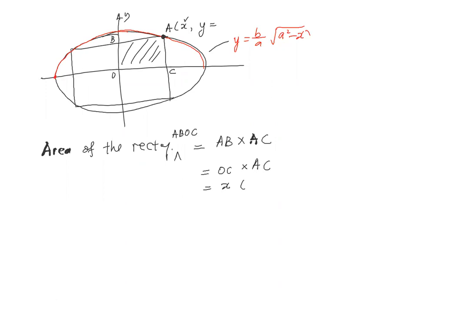Y. Okay, x times y, the y coordinate of point A. Why the y coordinate of point A? Because it is parallel to the y-axis. Now you tell me the y coordinate of point A in terms of x.